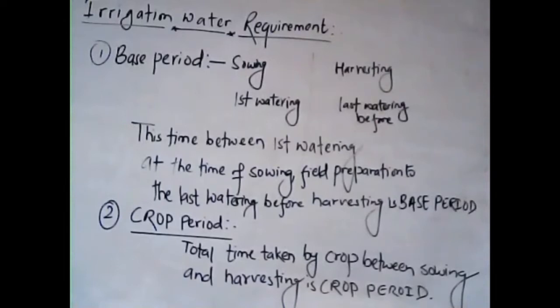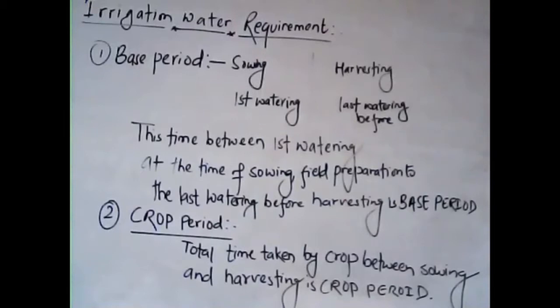This time period between the first watering after sowing the field and the last watering before harvesting, this whole gap, is termed as the base period of the crop. The crop period is the total time taken between the sowing and harvesting.